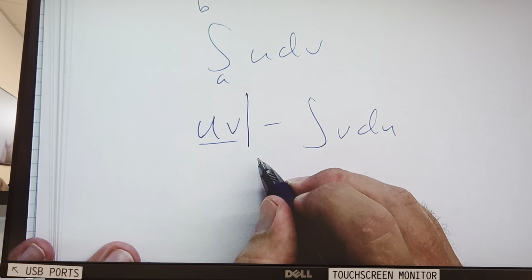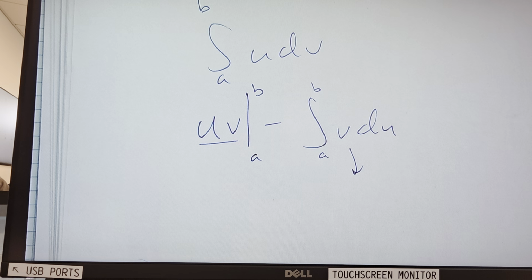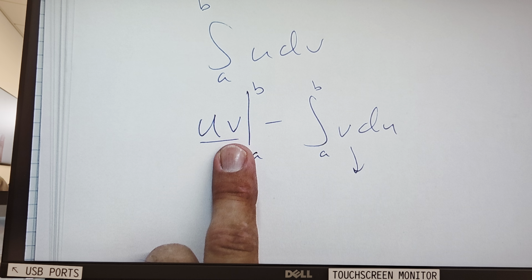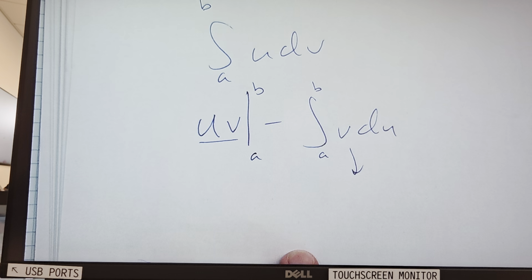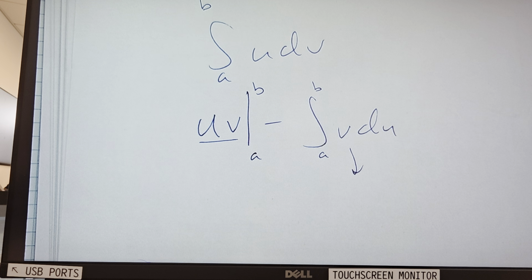This piece must be evaluated, and of course this is going to have to be evaluated. Do you see what I'm saying? Yes. So once you get that uv piece, the integration of it is done. You have to evaluate it between the endpoints. And of course this integral still has those endpoints. It's going to have to be evaluated also. You better end up with a number at the end. We know that.